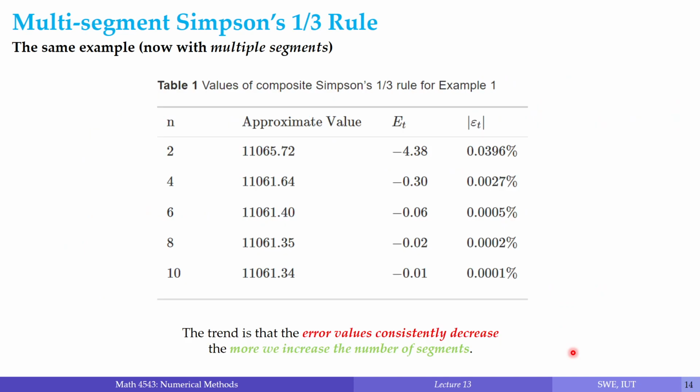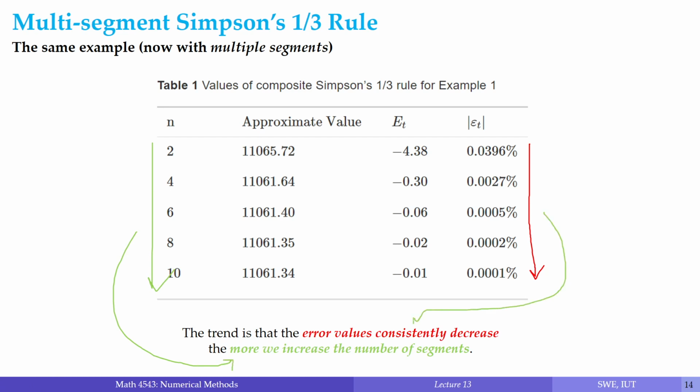So what we have seen is that if we keep increasing the number of segments, in the non-composite version we used two segments, and we ended up with an absolute relative true error, or epsilon sub t value, of 0.0396%. As we scale up the value to 4, 6, 8, and 10, we see that the absolute relative true error is gradually decreasing as we increase the value of n. So if we increase the value of n, we encounter lesser and lesser error.